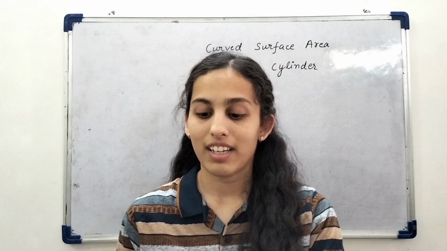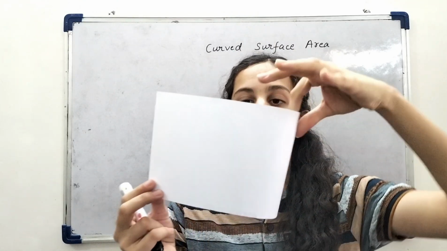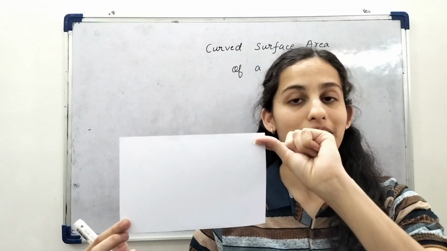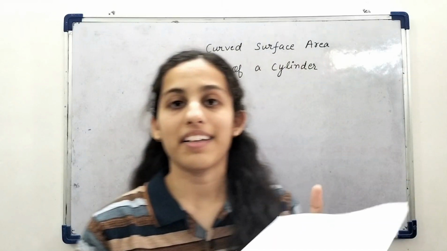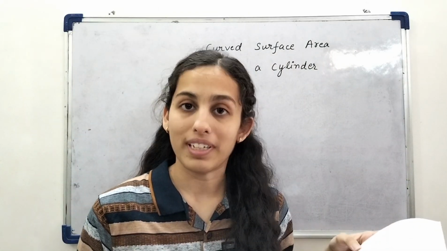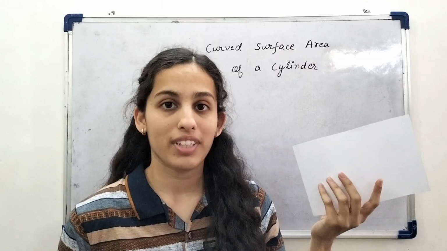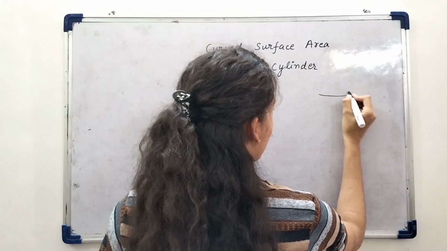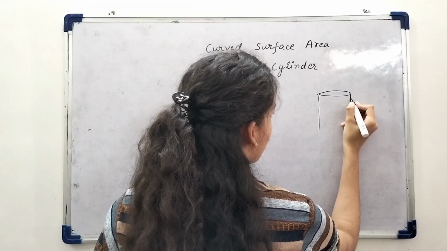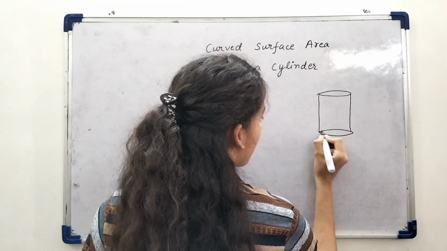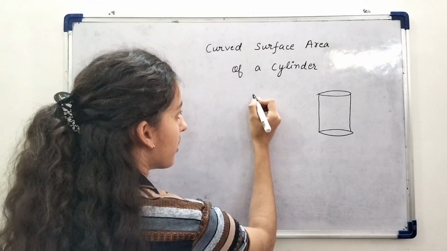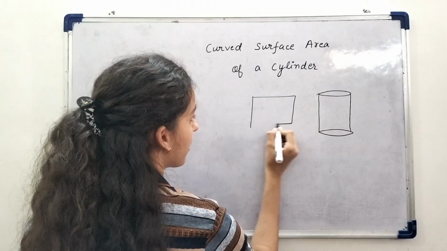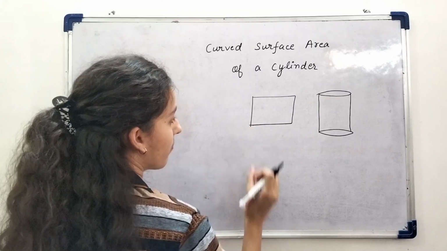Exactly, a rectangle. If I cut it and open it up, it will turn into a rectangle. And in earlier classes, we have already discussed the area of a rectangle: length into breadth.